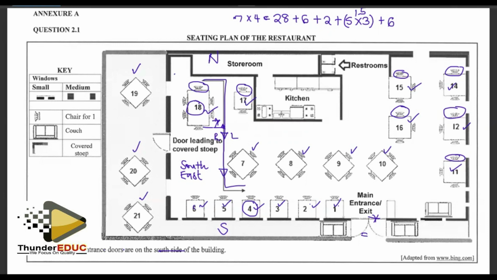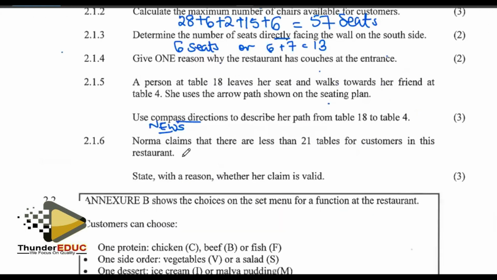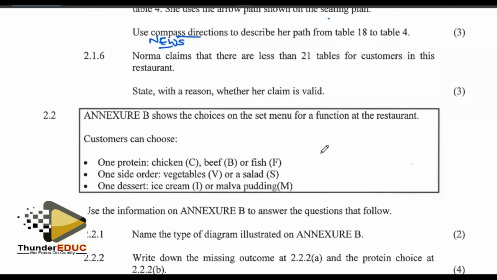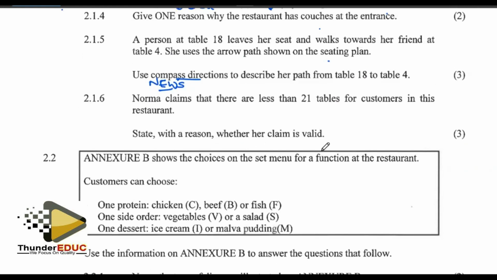All right. Let's continue. We look at the next question. Nomsa claims that there are less than 21 tables for customers in this restaurant. State a reason why her claim is valid.